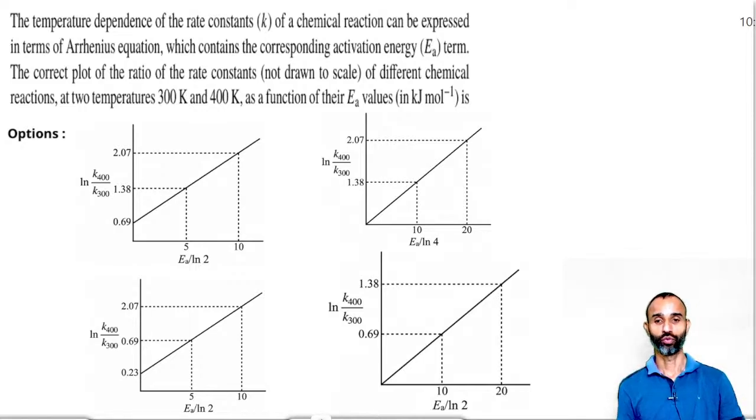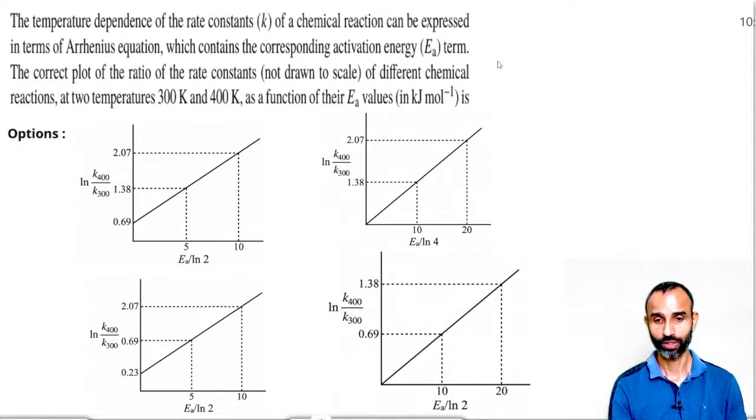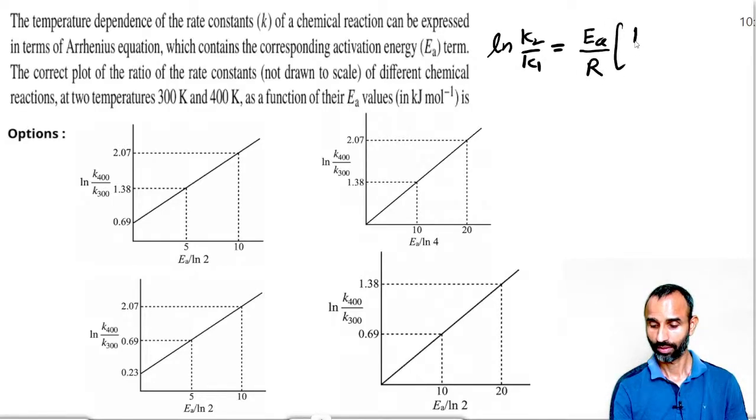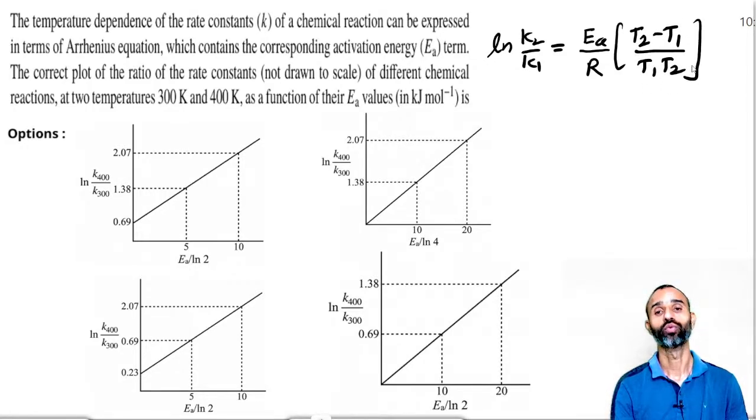What do you do? First of all, know the expression: natural log of K2 by K1 equal to activation energy divided by R into T2 minus T1 divided by T1 into T2.